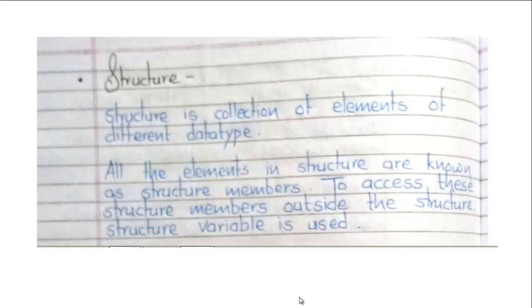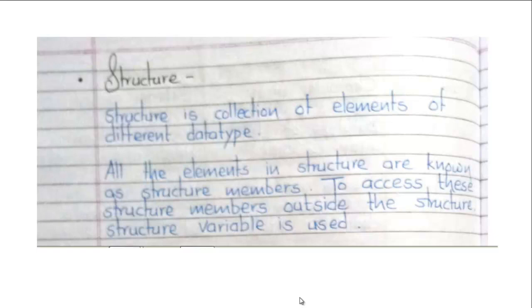Means what? In array we have seen it is a collection of elements of similar data type, but the structure will hold elements of different data type.